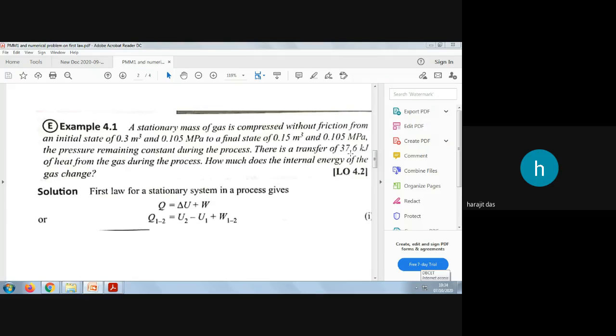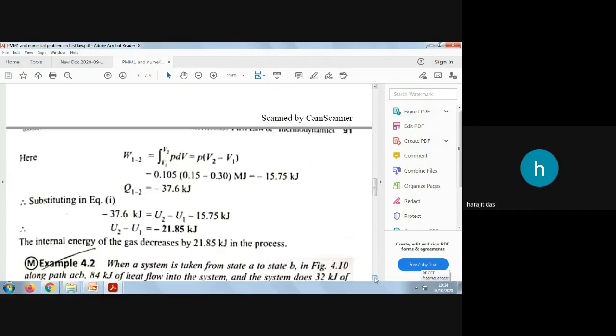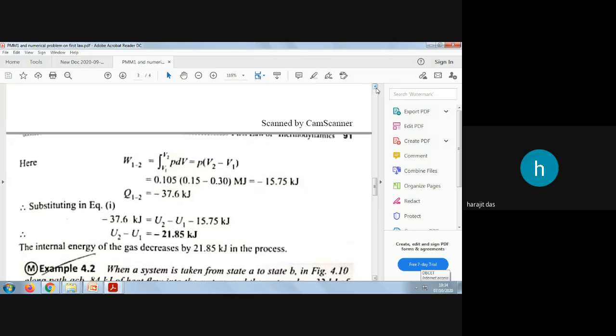One important thing: 37.6 kilojoule from the gas means from the gas we are getting 37.6 kilojoule of work. That work will be positive work, so when applying the first law of thermodynamics we will write it as positive work.